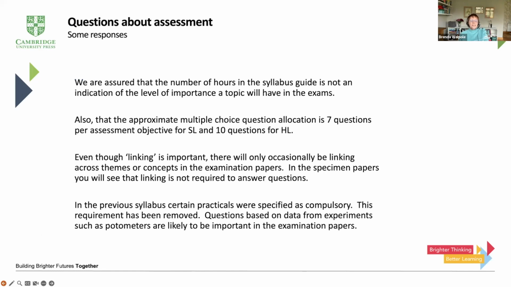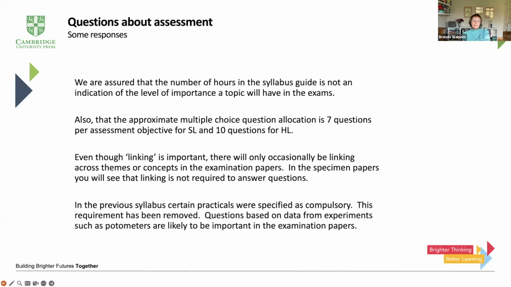The IB have given some responses to some of the questions that have been asked about the new assessment. We're assured that the number of hours in the syllabus guide is not an indication of the level of importance a topic will have in exams. So, for example, if you spent 4 hours teaching the details of photosynthesis and 1 hour teaching food chains, it doesn't mean there will be 4 times more questions on photosynthesis.